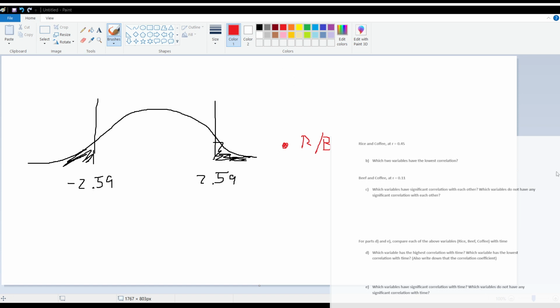Rice and coffee is at 9.36. So all the way over here is rice and coffee. And then beef and coffee is at 2.13. So that's in here is beef and coffee.